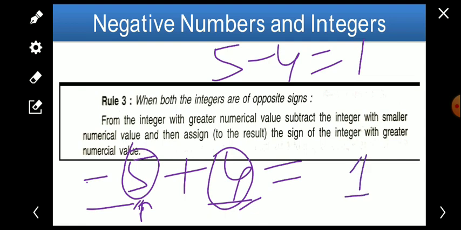So I will write 1 here, but which sign will come with this, plus or minus? We will see that with the bigger numerical value, which sign is there? 5 is the bigger numerical value, and with this the minus sign is there, so with the result also the minus sign will be there. So the sign of the result depends upon the bigger numerical value.